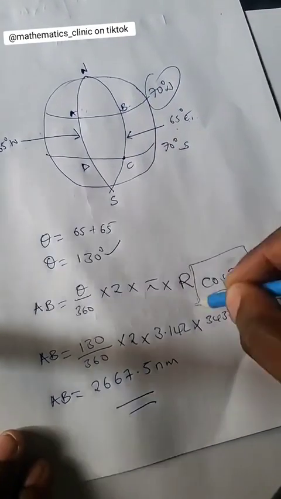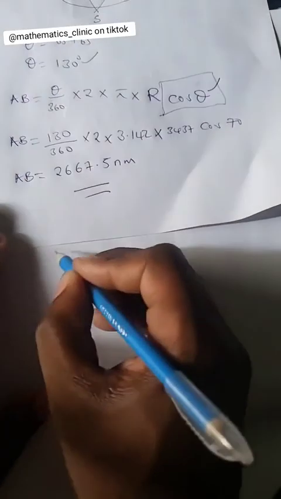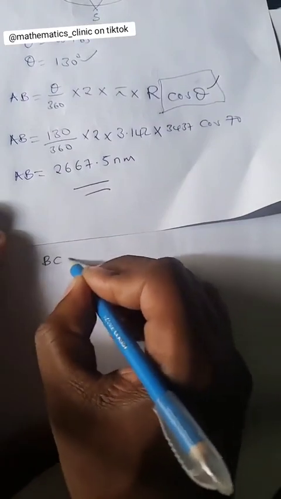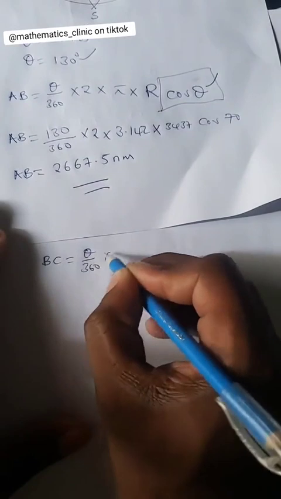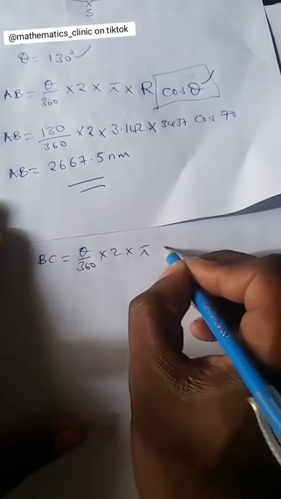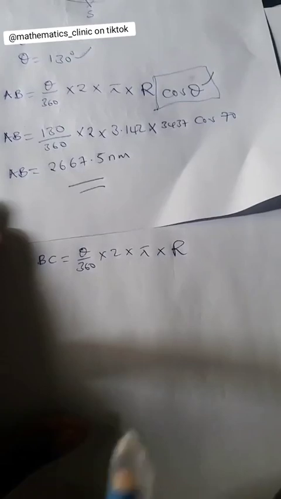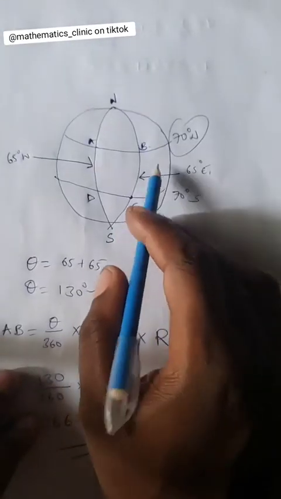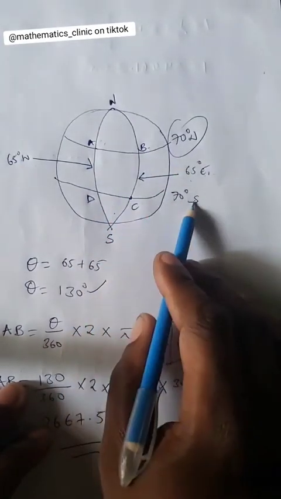Our formula will be BC is equal to theta out of 360 times 2 times pi times the radius in nautical miles. What will be the theta? Theta is the difference in latitude, since it's in the same longitude.